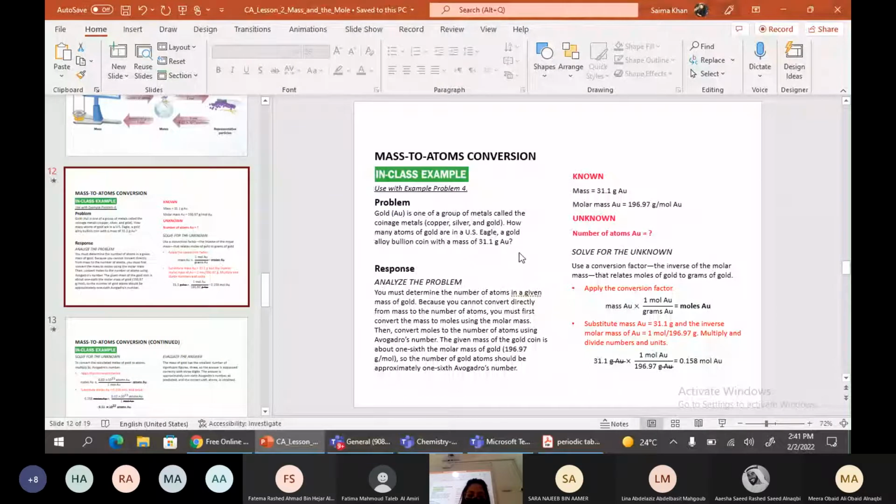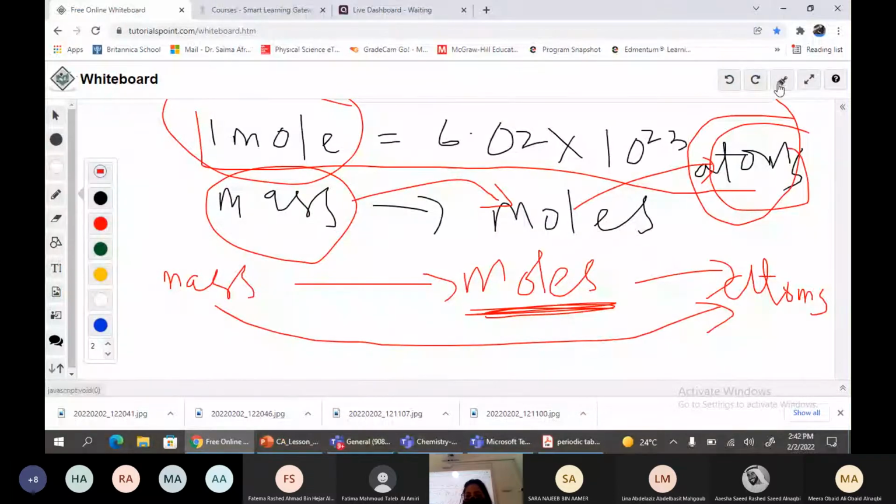Coinage metal. Eagle. Alloy with a mass of 31.1 gram of gold. Okay, guys, I'm going to the whiteboard.